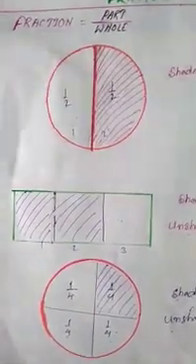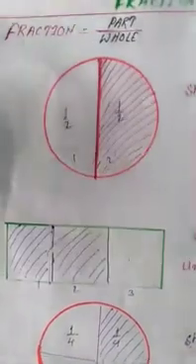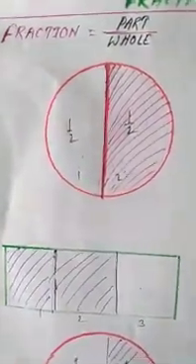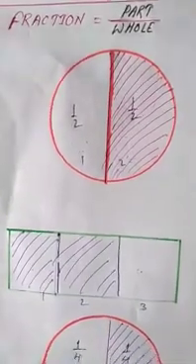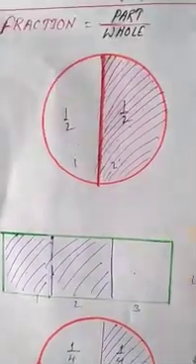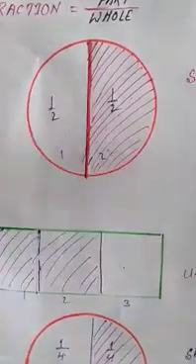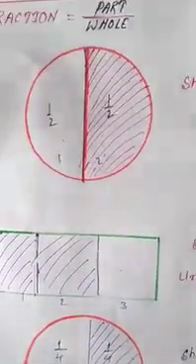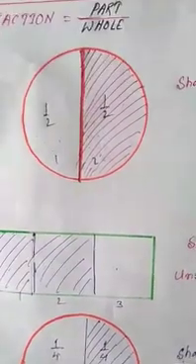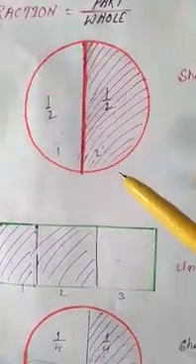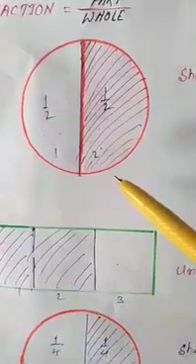If you have a pizza and you have to share it with your sister, how will you share it? You have to divide it into equal parts. You make it half, so both parts should be equally divided, and one part you will take and one part you will give your sister.